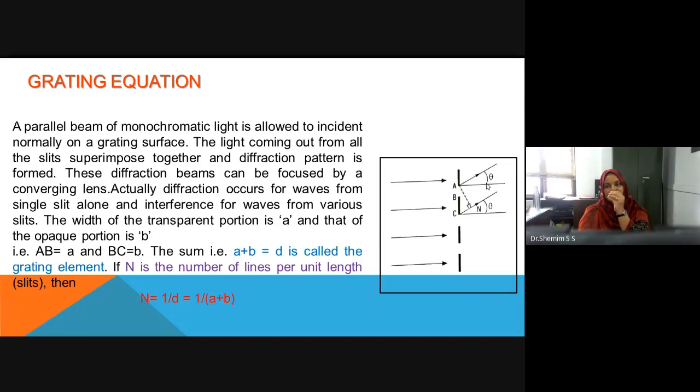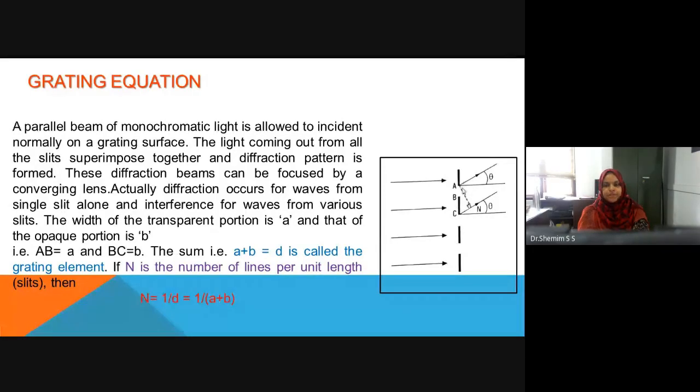This angle of deviation, you can consider as theta, and this angle is known as the angle of diffraction. So when light is incident on this grating, it diffracts through an angle theta, known as the angle of diffraction.